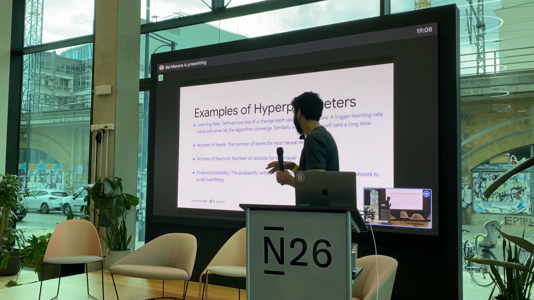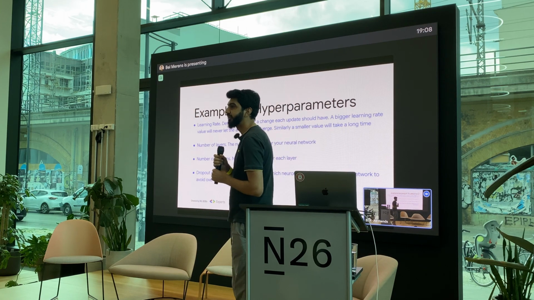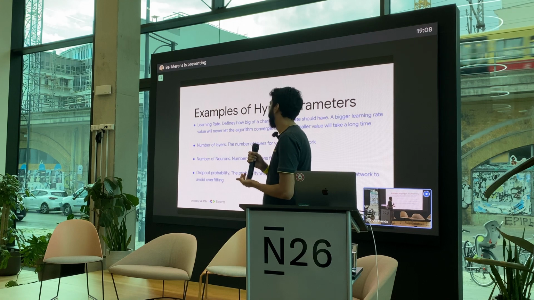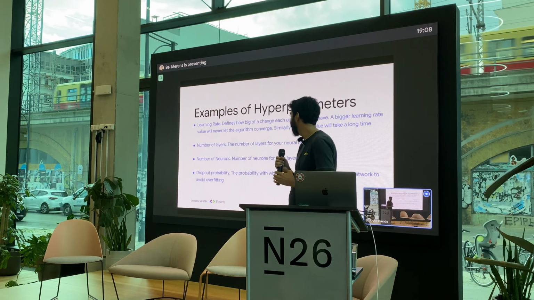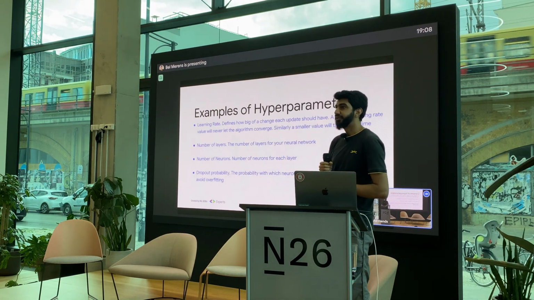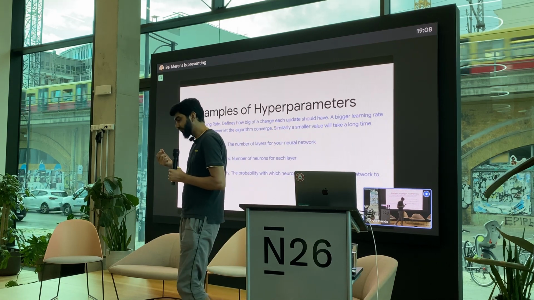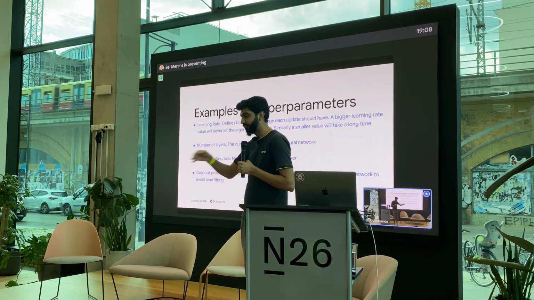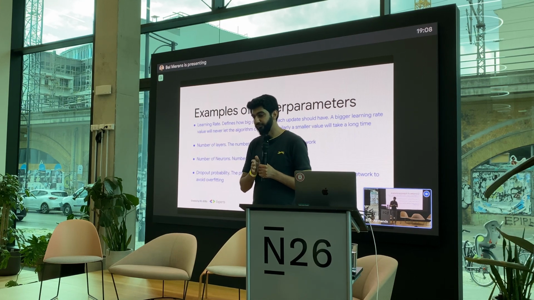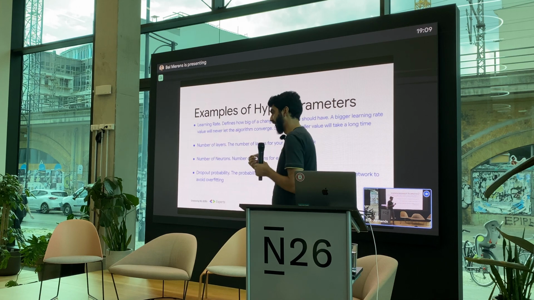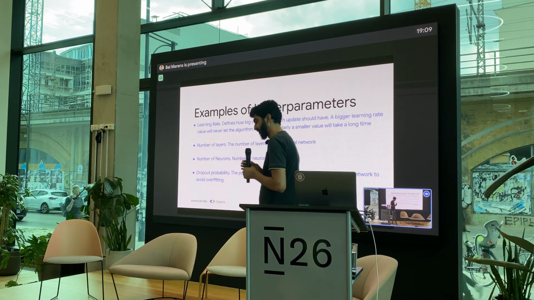And here I've listed down some examples of hyperparameters, right? The first one is learning rate. Learning rate is basically the value that defines how big of a jump you should take when you're optimizing, when you're trying to reach your goal. How big of a step should someone take?